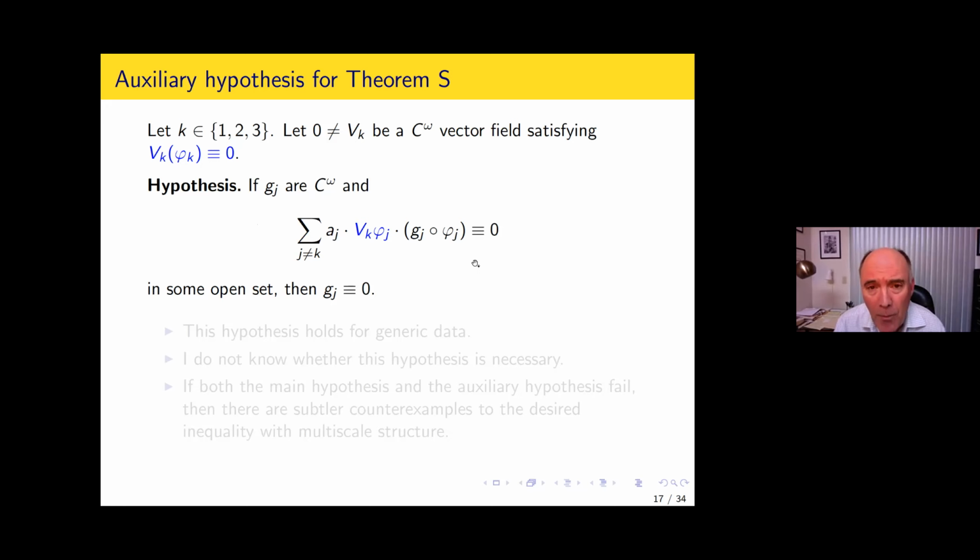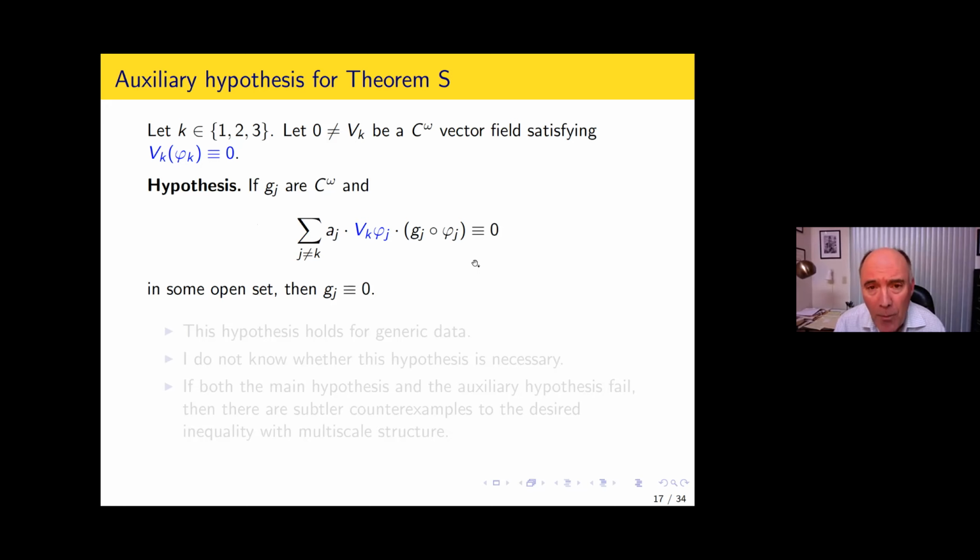And it turns out I need this, at least in the present version of the proof. So this hypothesis also holds for generic data in a reasonable sense. I don't know whether it's necessary, but what I do know is that if the main hypothesis fails and the auxiliary hypothesis fails, then things are really quite bad. There are other kinds of counterexamples besides the trivial ones that come from the failure of the main hypothesis. There are other counterexamples that have multi-scale structure. So it's not clear whether this hypothesis is necessary, but it's certainly relevant.